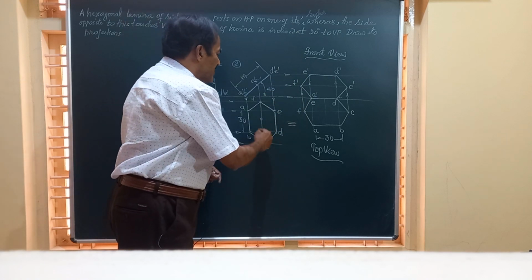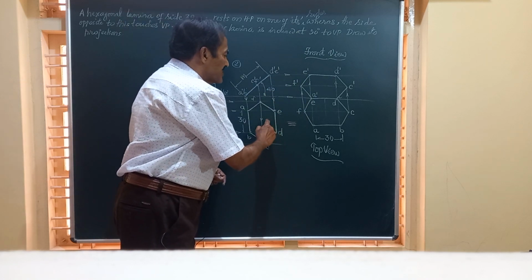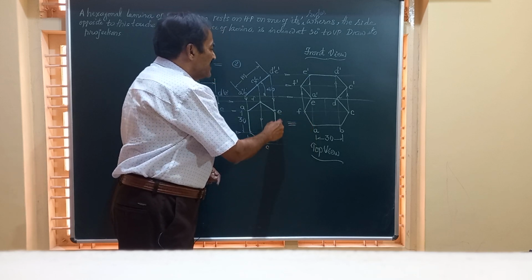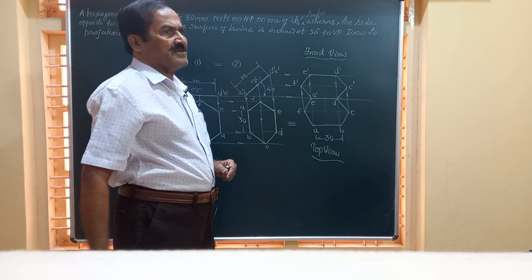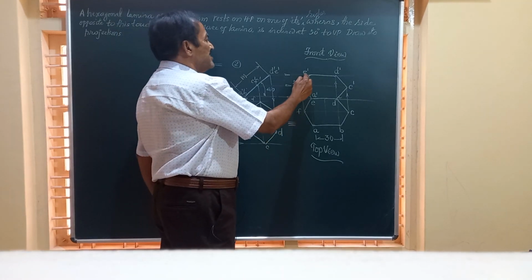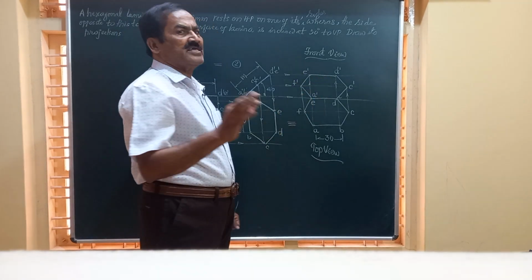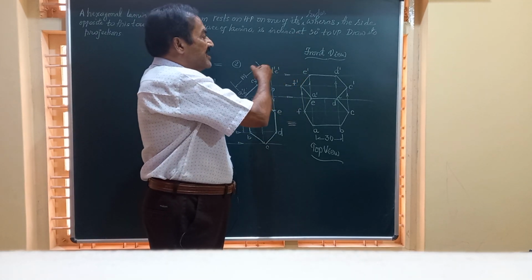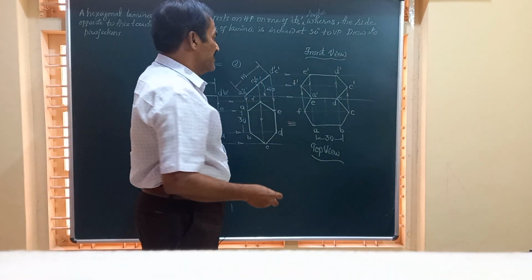So I have to redraw this figure to the same dimension such that the side DE is on XY, because the edge C dash D dash is seen as a line parallel to XY in the front view.